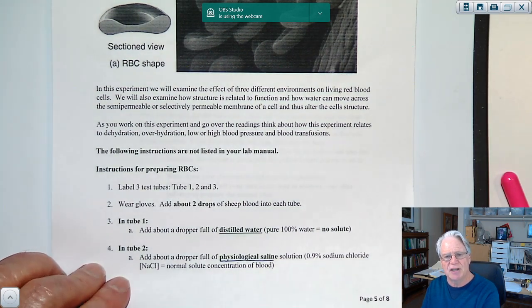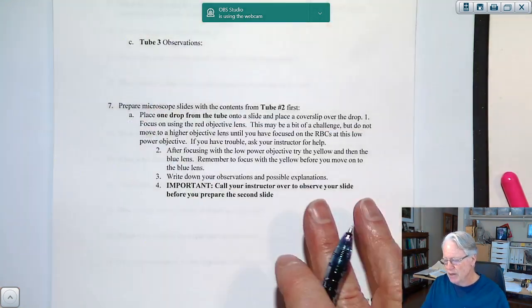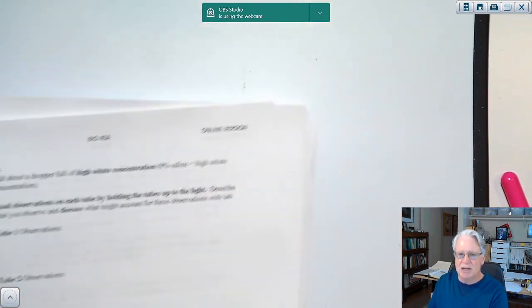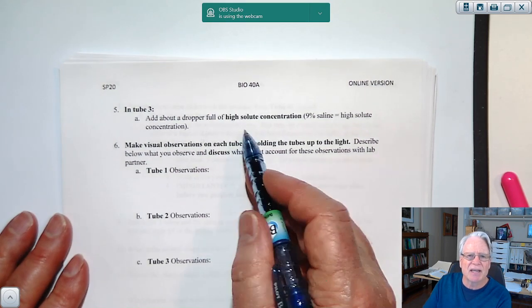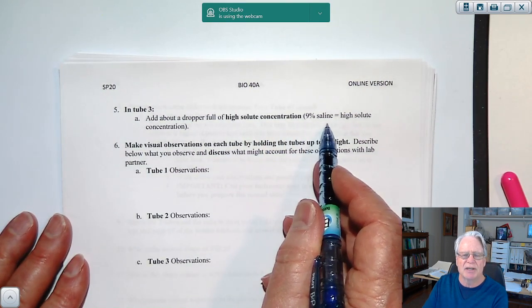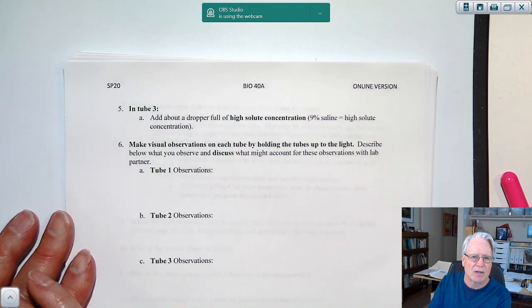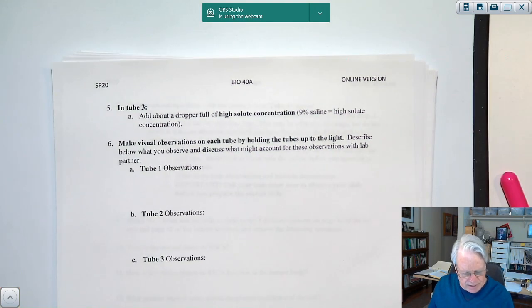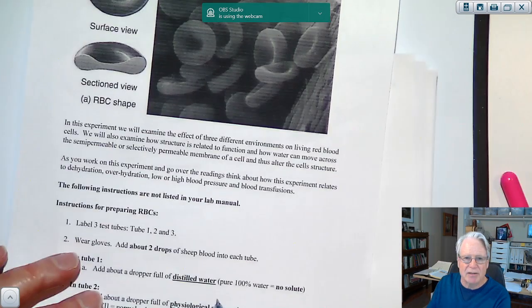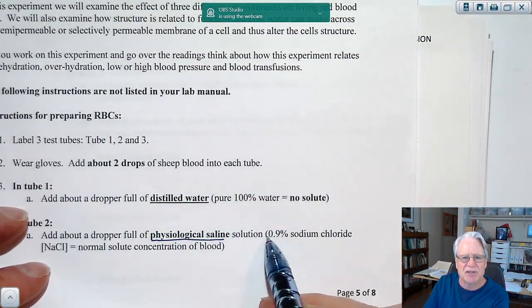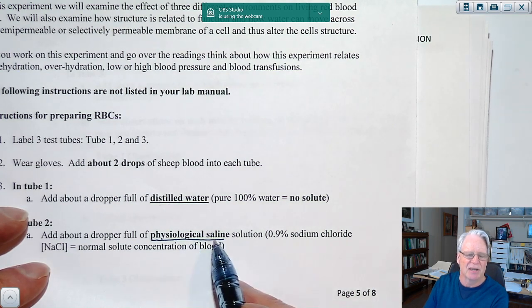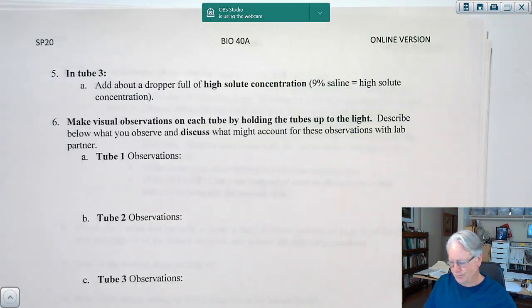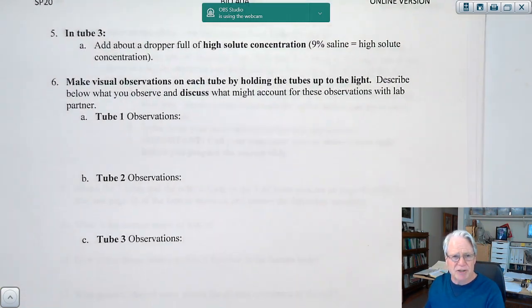So we're going to get physiological saline in test tube number 2. And in test tube number 3, we're going to put a high solute concentration, 9%. By the way, notice that in the second test tube, we said physiological saline, and the concentration is 0.9% sodium chloride. That's physiological saline solution.